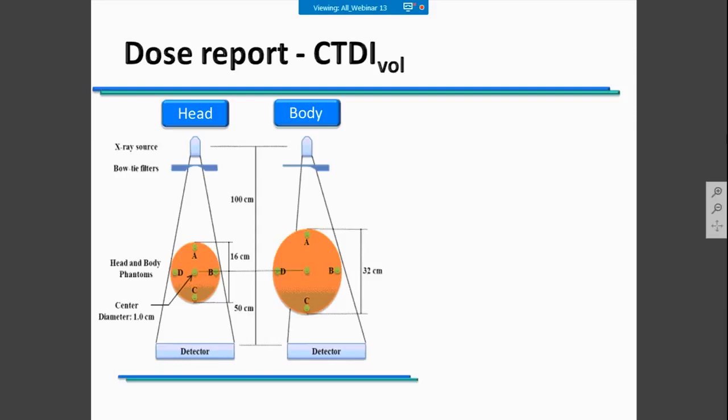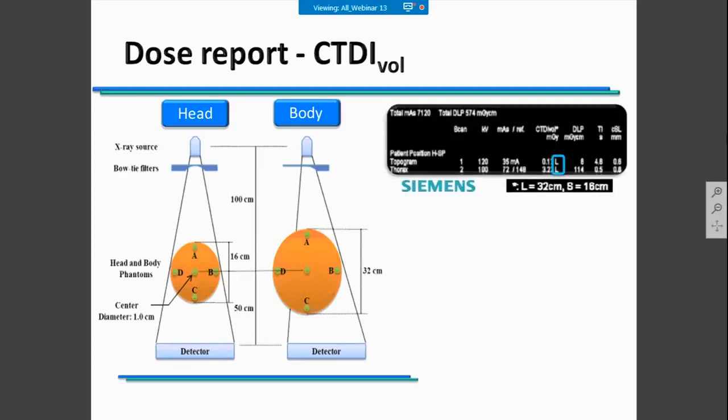We need to analyze what kind of CTDIvol is available on our CT scanner. For example, if you are using a CT scanner that represents the CTDIvol for body examinations, you should have included the indication of the patient size. This is an example of the dose report from Siemens indicating the size of the phantom.